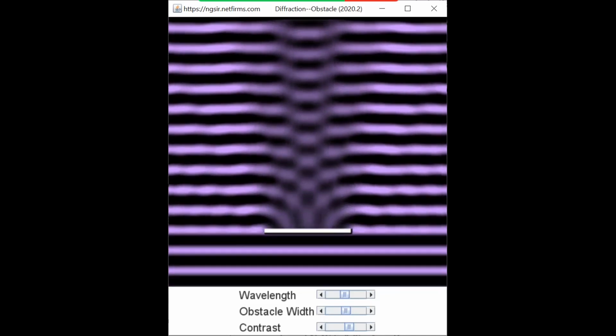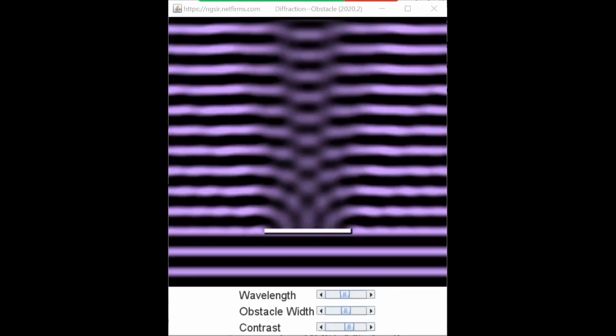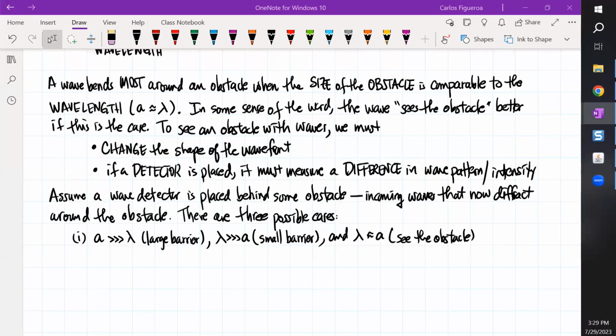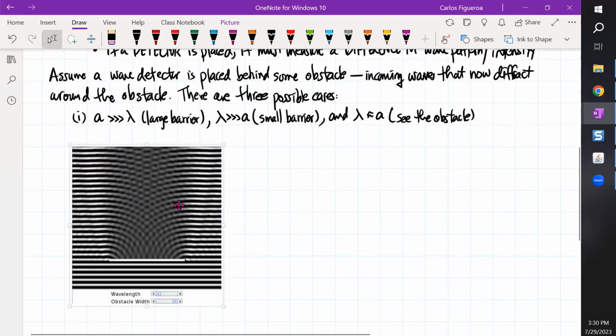Okay, so now I want to go back to my OneNote and start talking about this. So the first thing that we did here is I have this applet, right, this one right here. So here's my obstacle, and I'm going to put in my detector right here. Right, so this is my detector.